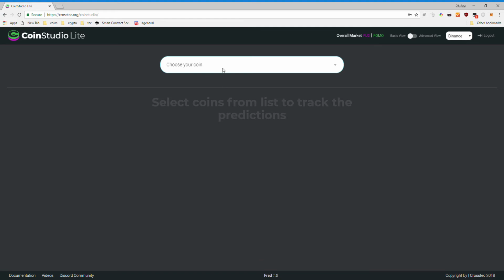The main entry point for you to actually start is choosing the pairs or the coins that you want to trade, and then you have features like switching to another exchange. Currently, Binance is supported. Over time, we're going to add new exchanges and some features that will be important later in this video.